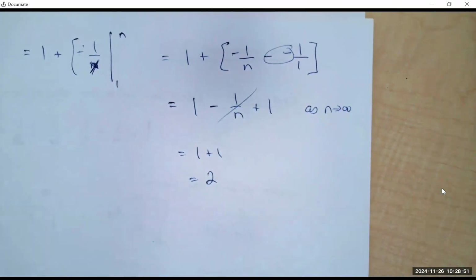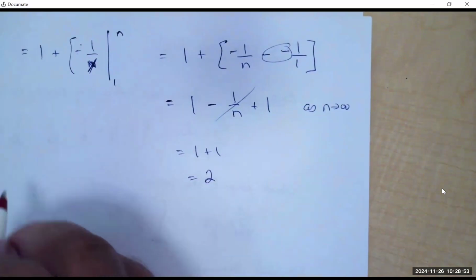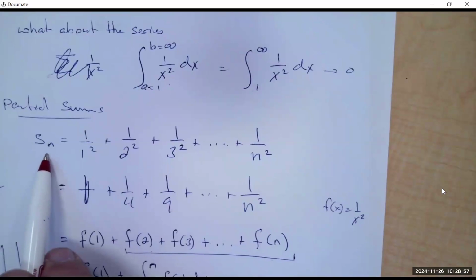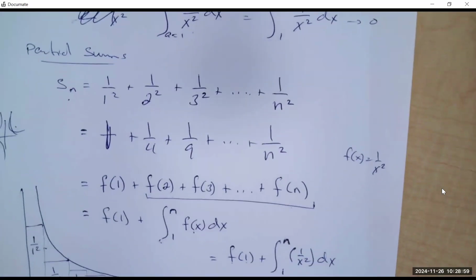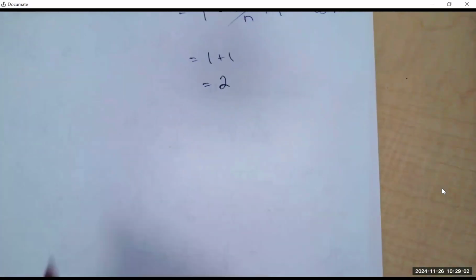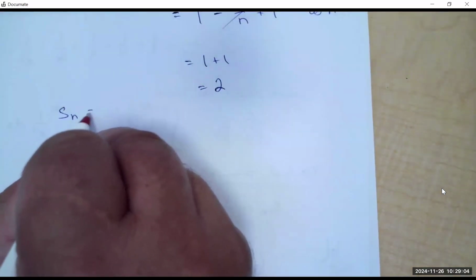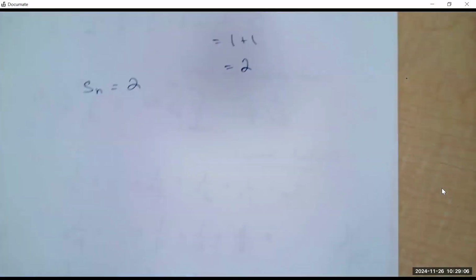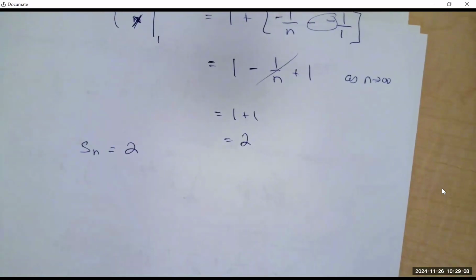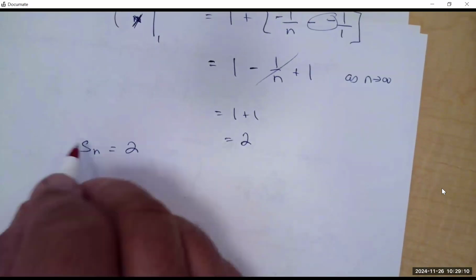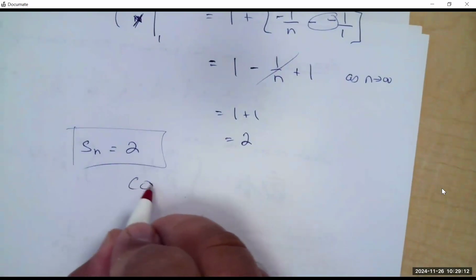So the sum of our partial sequences, S of n equals 2. Converges.